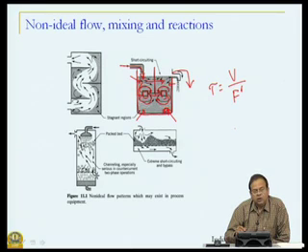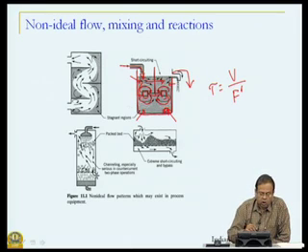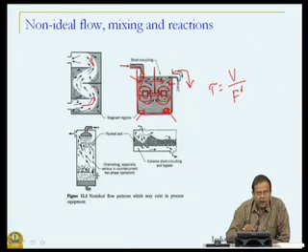The same thing can be observed in a column reactor. For example, if you have a plate kind of reactor for gas liquid contactor, we have gas coming in from the bottom, we have liquid coming in from the top, and these two have to contact each other for reaction to take place.